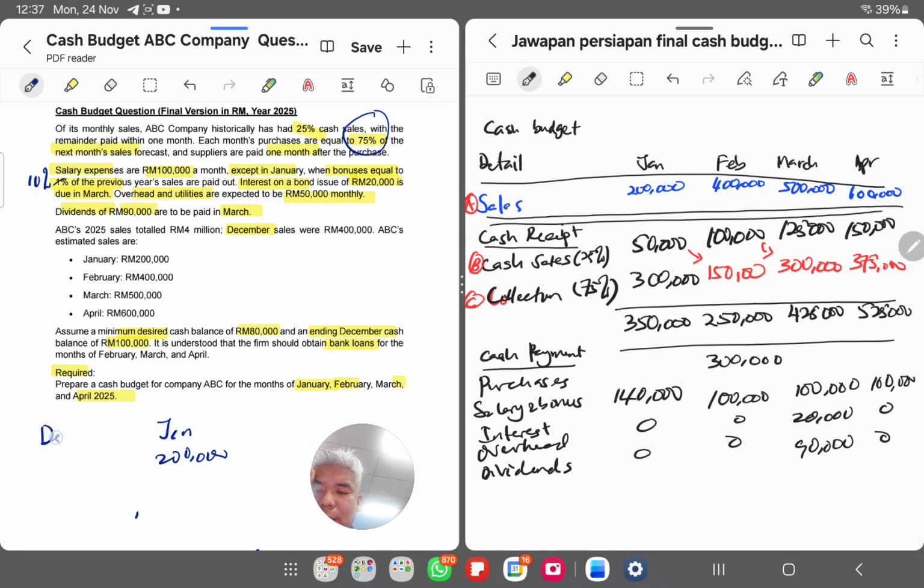Then for last year, December, you purchase about 75% times 200,000, which is 150,000. Then this 150,000 will be paid on January. So just fill up this 150,000.